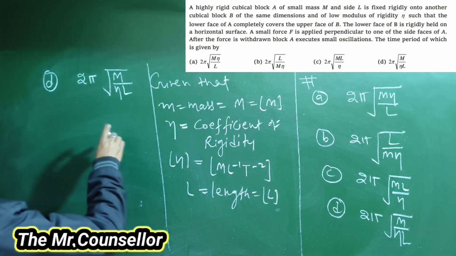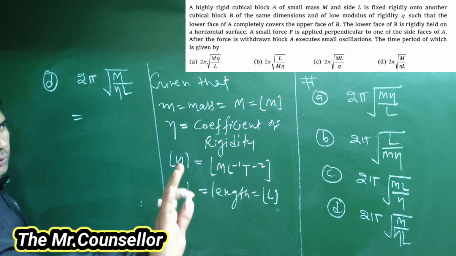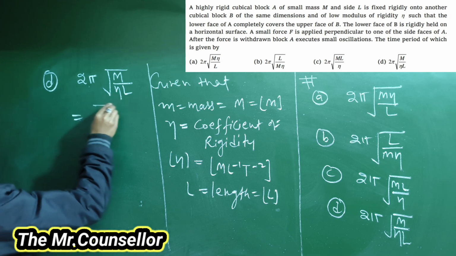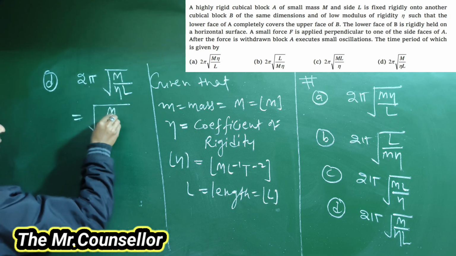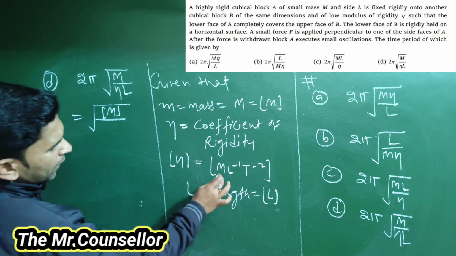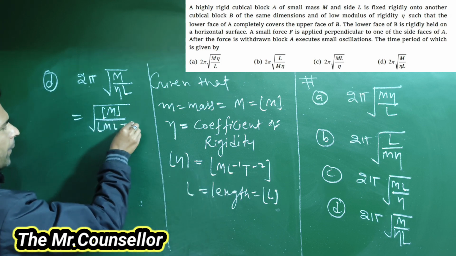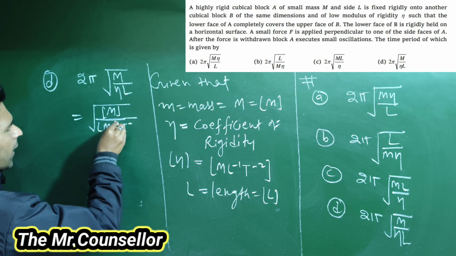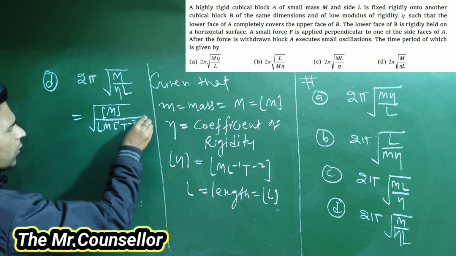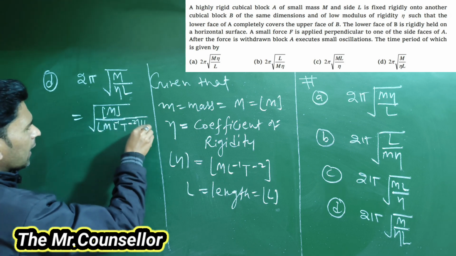No need to write the dimensional formula of 2 pi, so you place M for mass, eta as M L^-1 T^-2, and L as L.